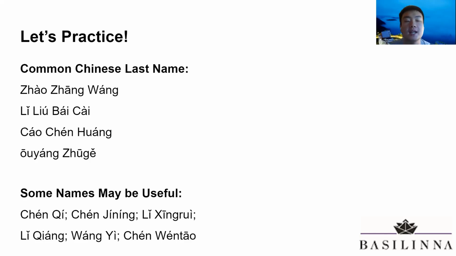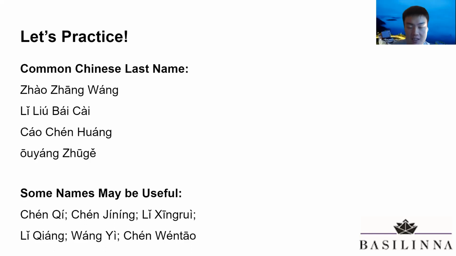Okay, let me repeat it again. First line, Zhao, Zhang, Wang. Second line, Li, Liu, Bai, Cai. Third line, Cao, Chen, Huang. The last line, Ouyang, Zhuge.